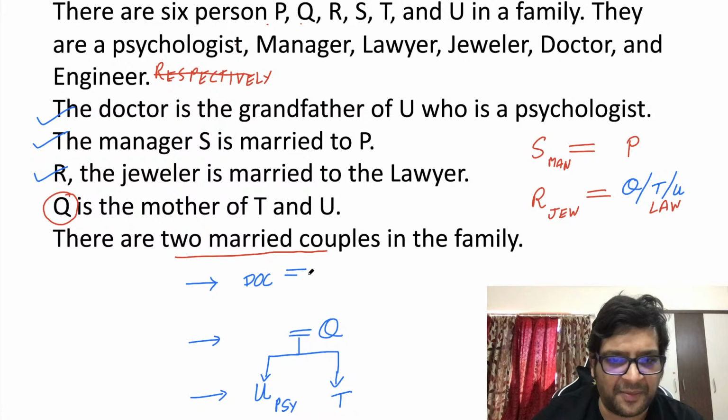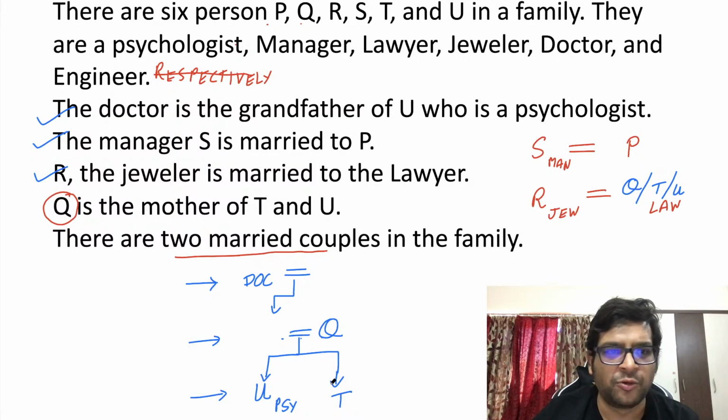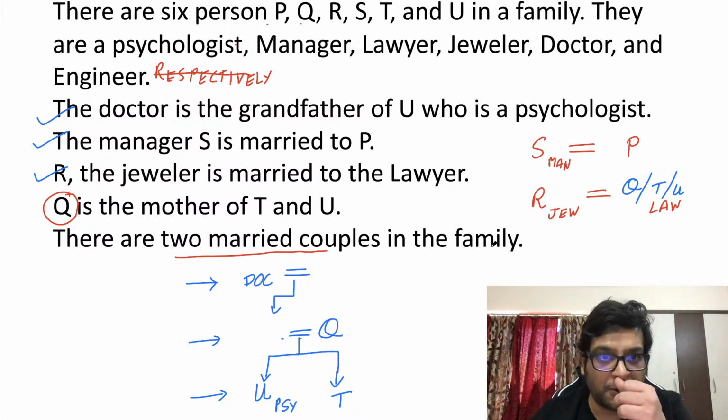I need 1 married couple in the top generation so that they can produce an offspring. Then I need another married couple in the second generation so that it can produce 2 offsprings. So who could be the married couples?